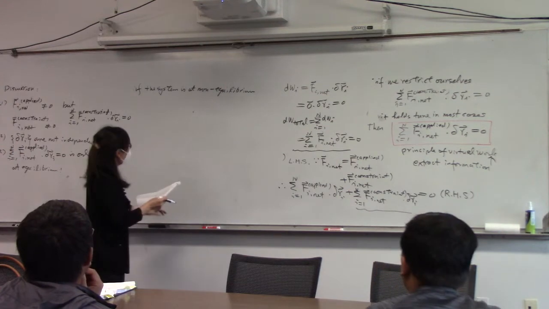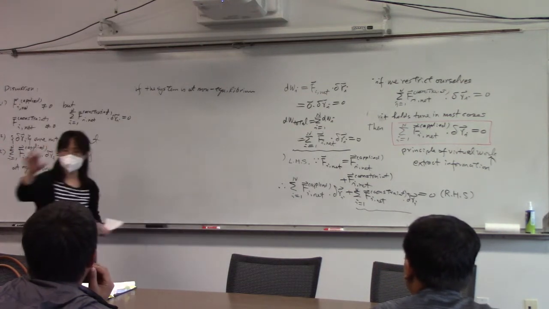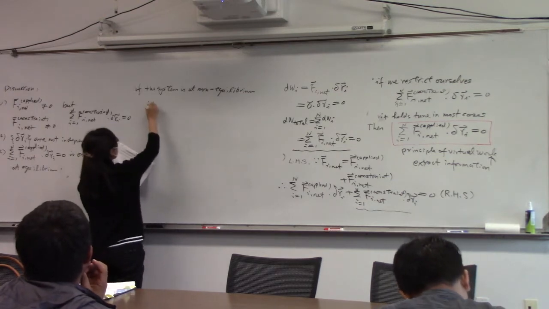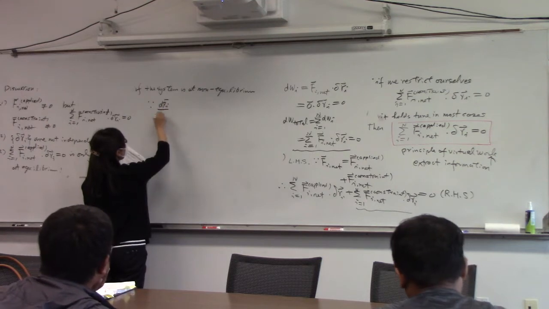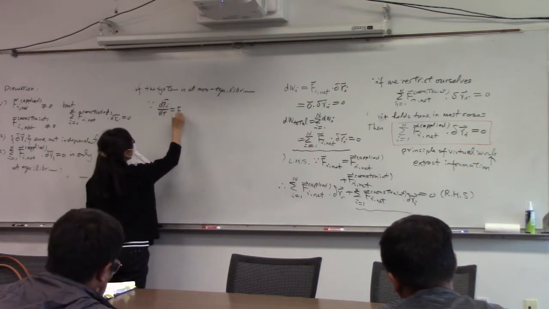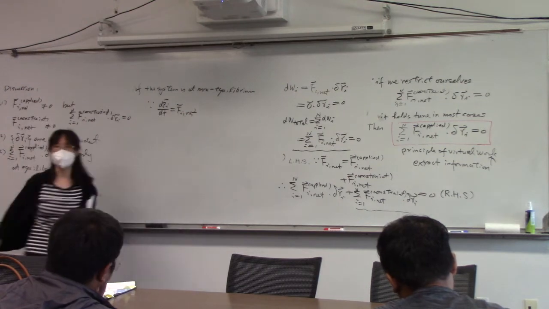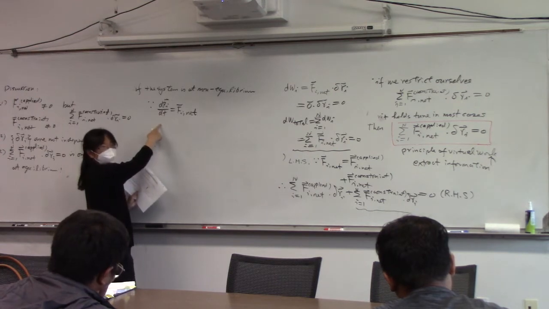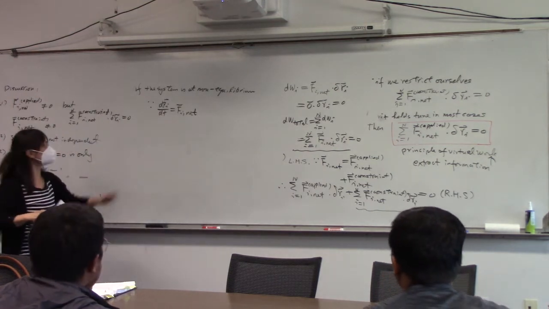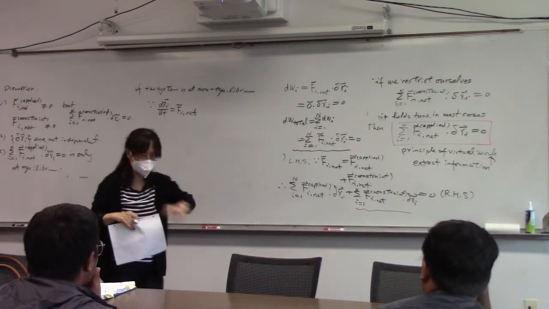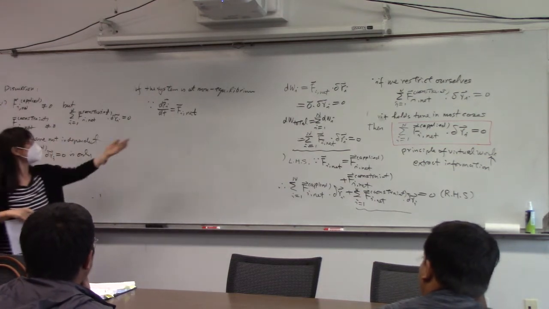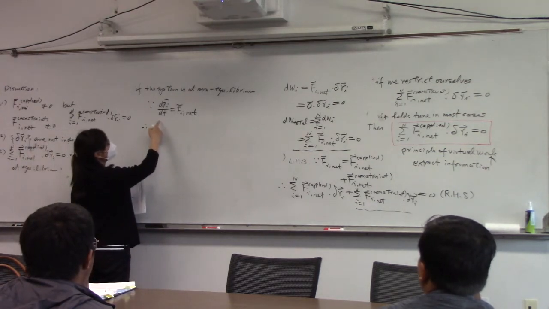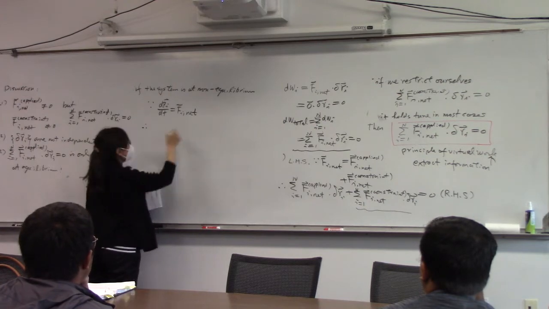According to either Newton's second law or this equation of motion, for each particle, we know this, right? This is at non-equilibrium because the net force is not equal to 0, so it will drive the particle to move, and how the particle moves depends on the net force. Therefore, let's do this one. I'm going to move this to the left hand side.